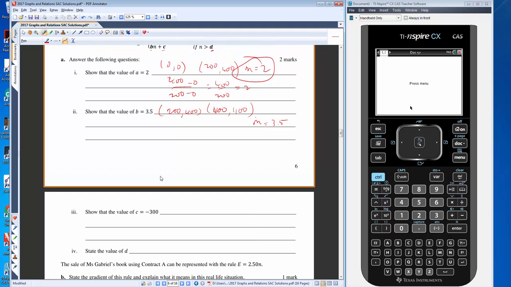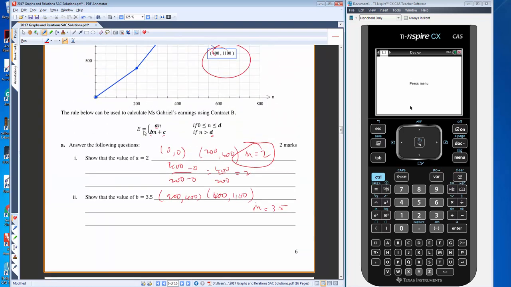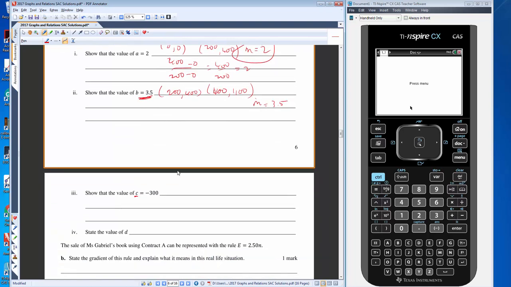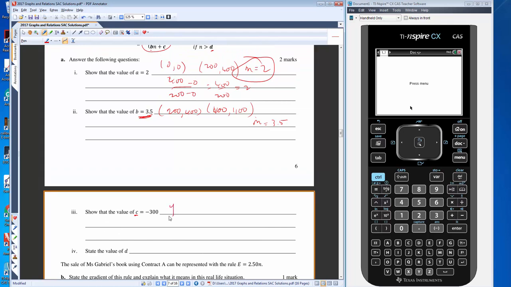To get the c value, which was the constant, once you've found the b value, you would know that the graph would be y equals 3.5x plus c. You needed to sub in a point, say 400 equals 3.5 times 200 plus c, and once you transposed it all, c would have equaled 300. So that was good enough for a show that.